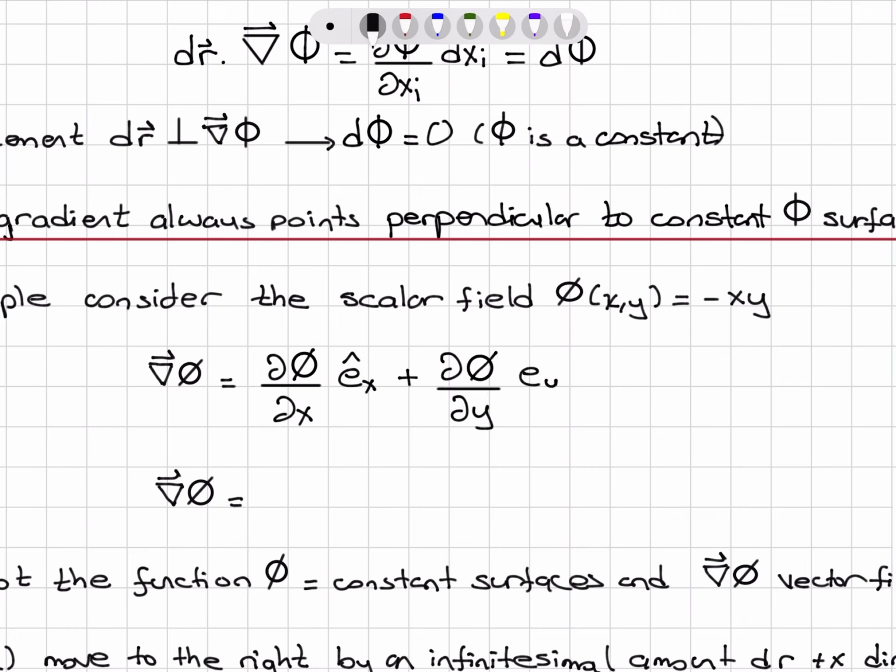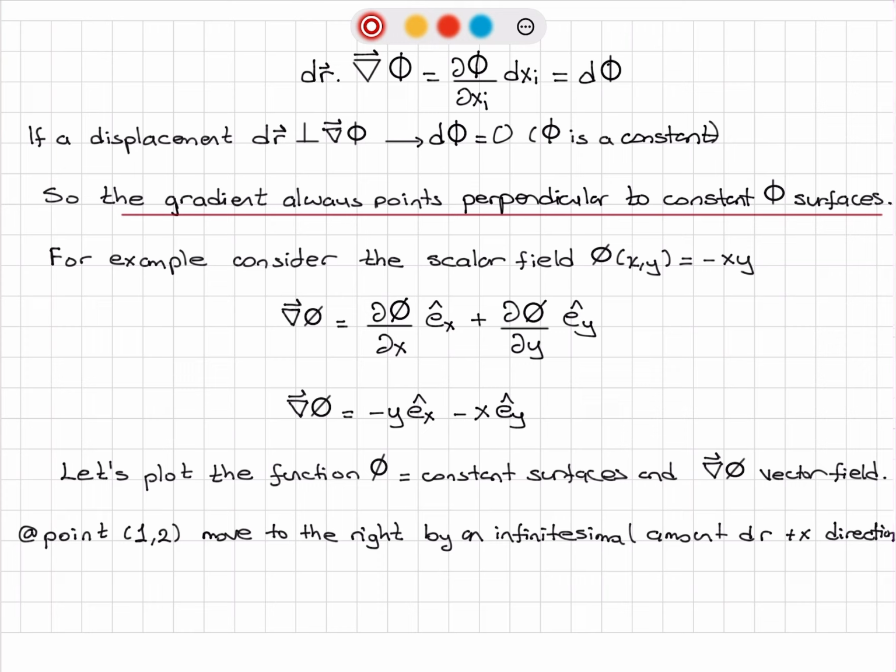So that's the gradient of this scalar field. Because phi of xy is minus xy, if we take a partial derivative with respect to x, this will give us minus y, so this is minus y ex hat. And the partial derivative with respect to y will give us a minus x, so this is going to be minus x ey hat. That's the gradient.